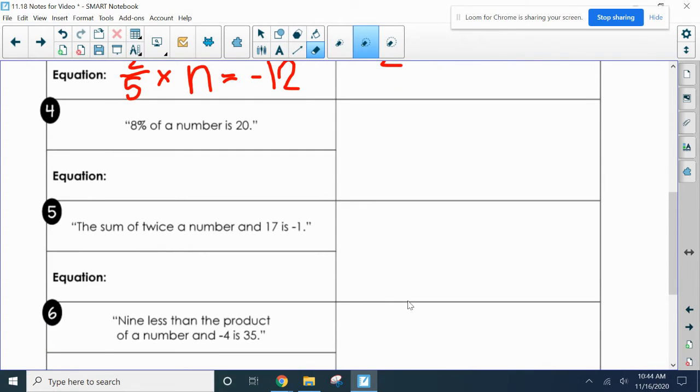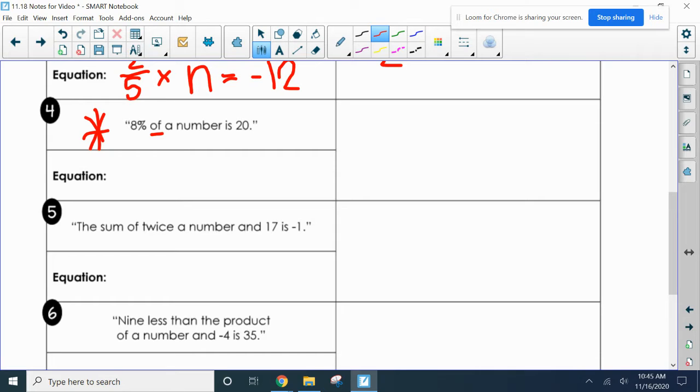All right, so on 4, we have 8% of a number is 20. So "of," we know, is multiplication. I want you to start this. We cannot multiply by a percent.